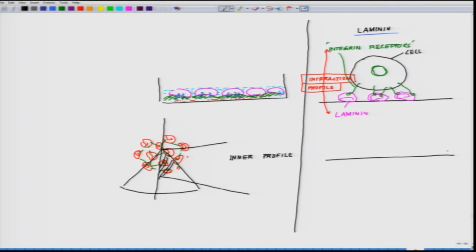You take the glass substrate or the polycarbonate substrate, whatever you want to use, and you coat it with another protein called ornithine. So you have a coating of ornithine, something like this.